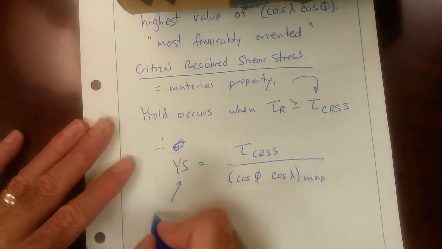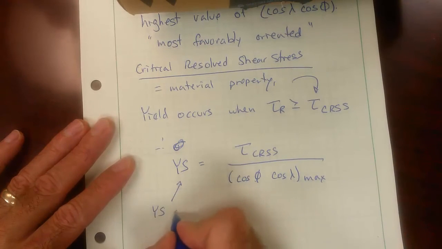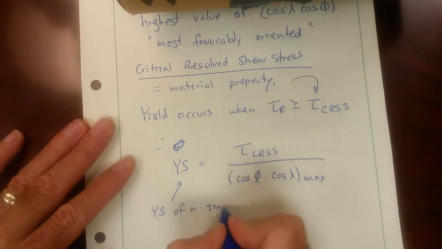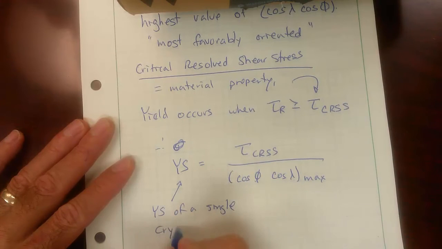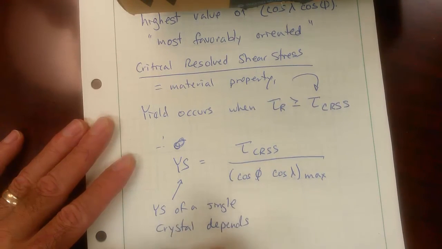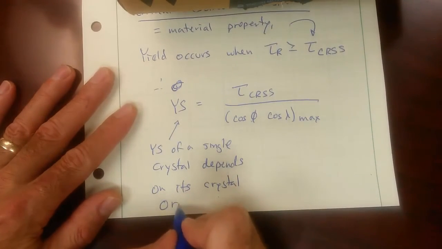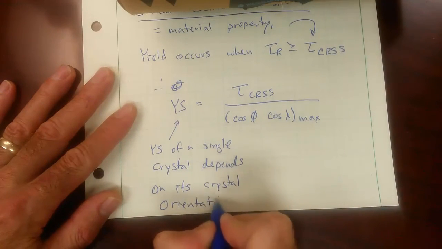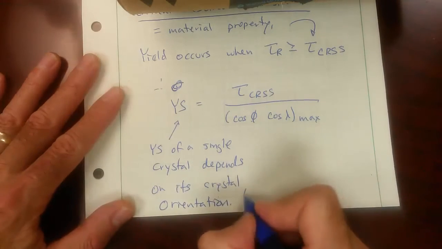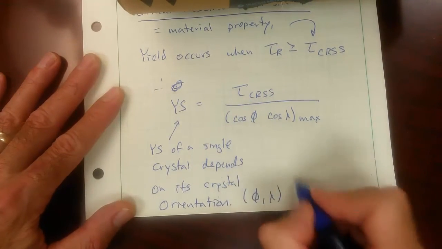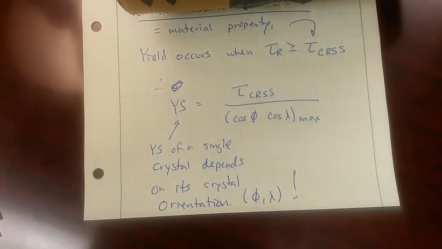It depends on lambda and phi. So the yield strength of a single crystal depends on its crystal orientation. Which is pretty cool.